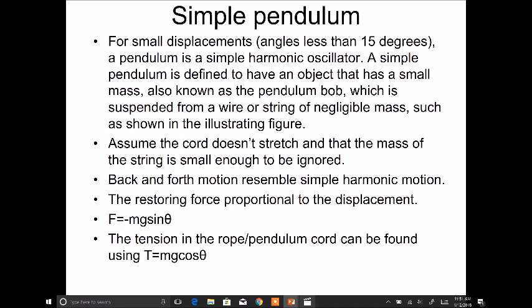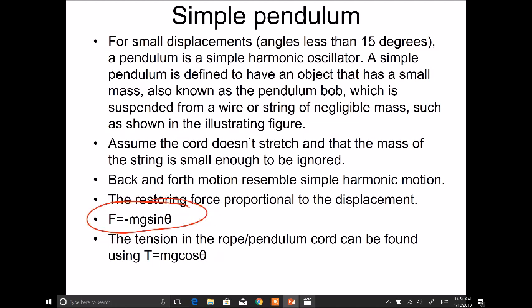We assume typically that the cord doesn't stretch and that the mass of the string is small enough that we can ignore it. The back and forth motion resembles simple harmonic motion. There's a restoring force here too that's proportional to the displacement, and we can find it using this equation. F is the restoring force.